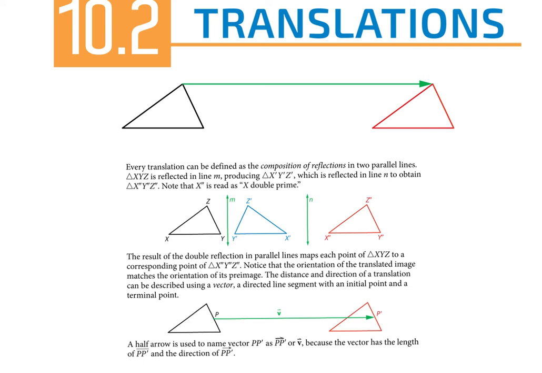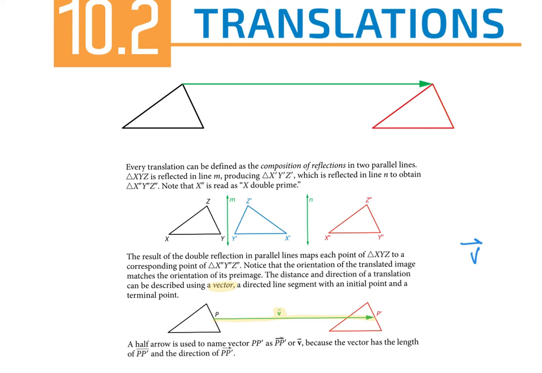The description that is used is called a vector. We're going to use this term vector, and we're going to use that notation. A vector is a directed segment, and it has a lowercase letter with a little half arrow above it.